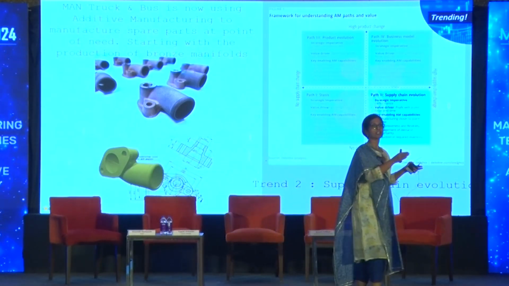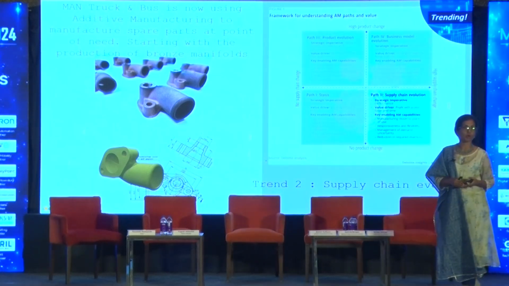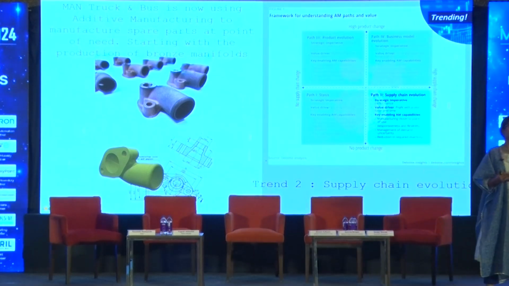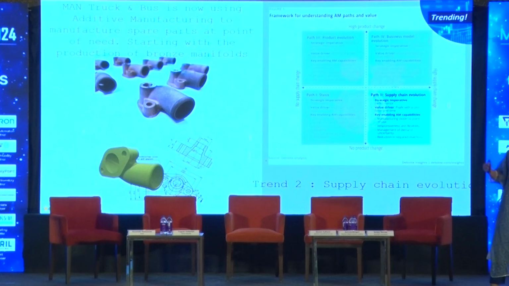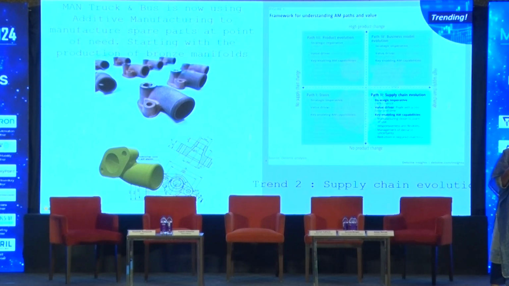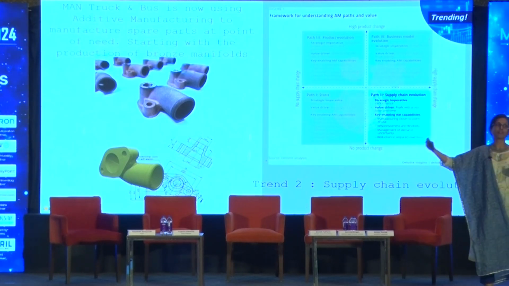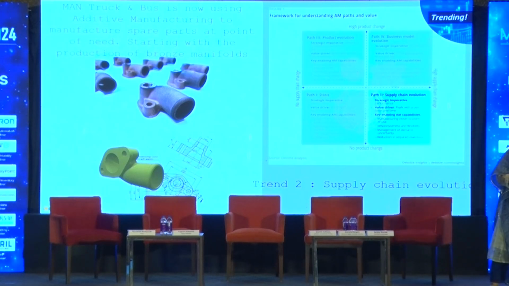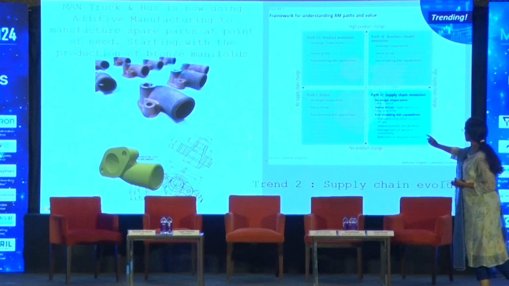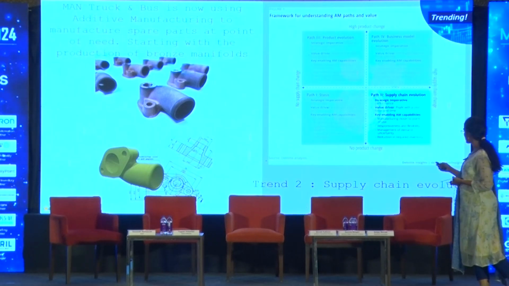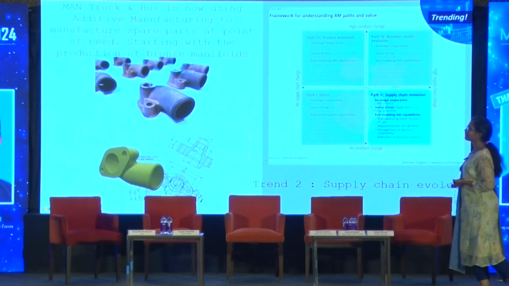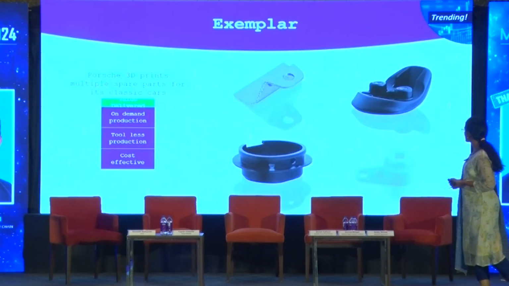So AM can be used to solve some supply chain problems when probably the vendor who used to make this part isn't there anymore. He's shut shop and you need these. Or you want it much faster. Maybe there's a long waiting time and you cannot afford that, and then you can simply 3D print this, but of course you should have proved this part before. So that's the second part, the supply chain evolution, and you derive a different set of values in this particular thing.